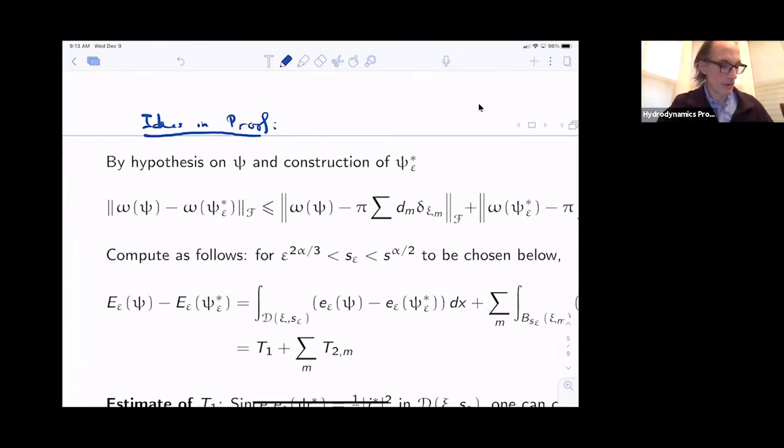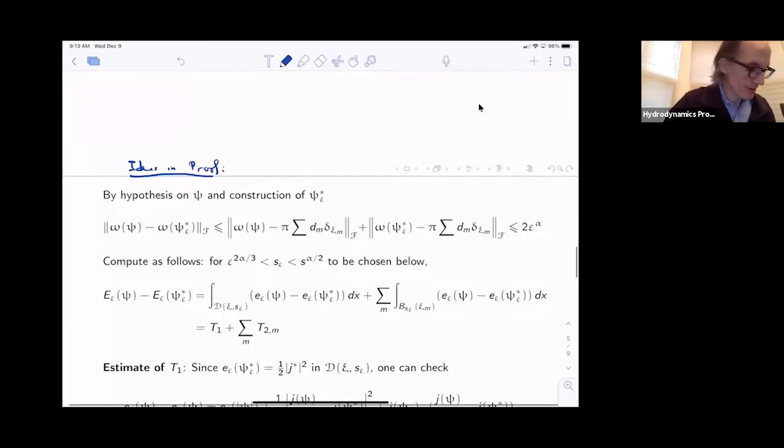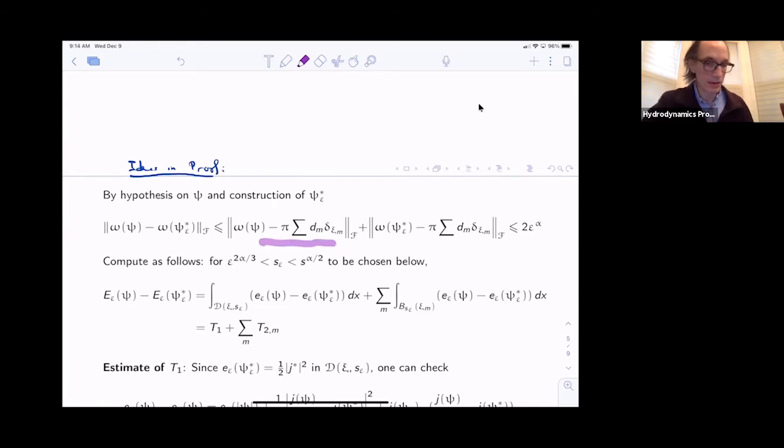First let's look at the hypotheses. Among other things, the vorticity of psi is close to this given configuration. On the other hand, by construction, the vorticity of psi star is also close to the given configuration. And so by the triangle inequality, the vorticities of psi and psi star are close to each other.